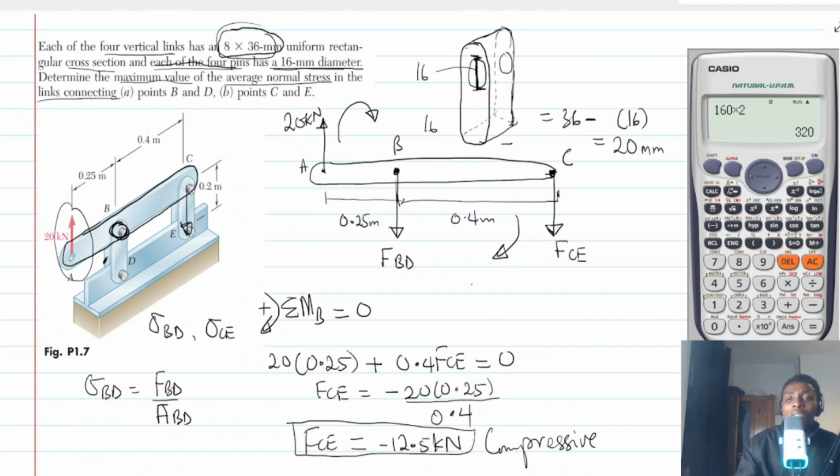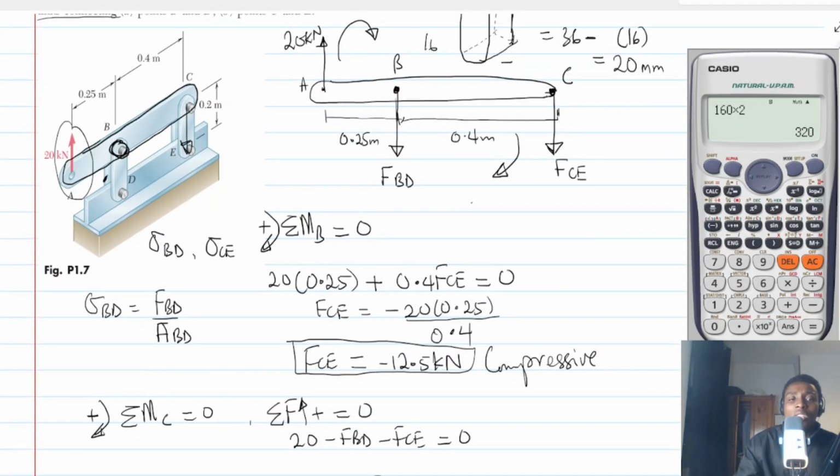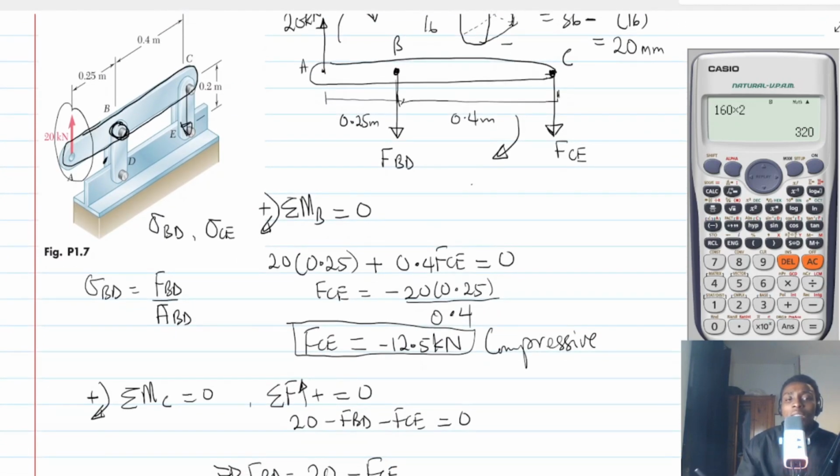But because CE is in compression, this one will come down here, but this one will kind of go inside at this section.